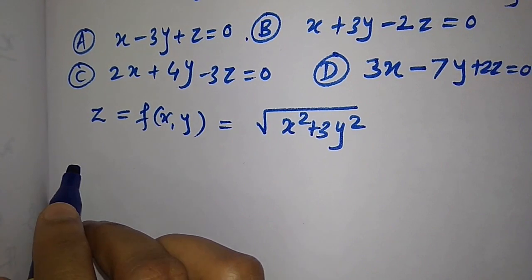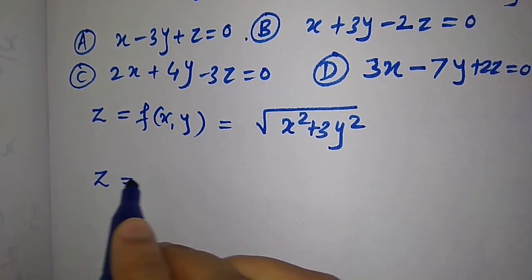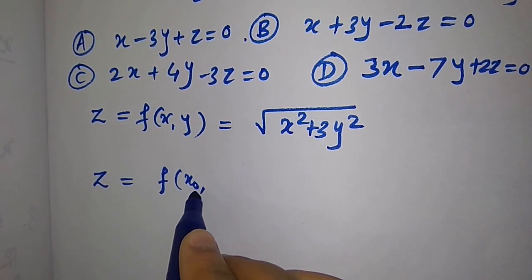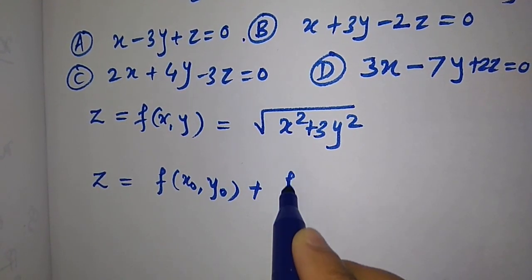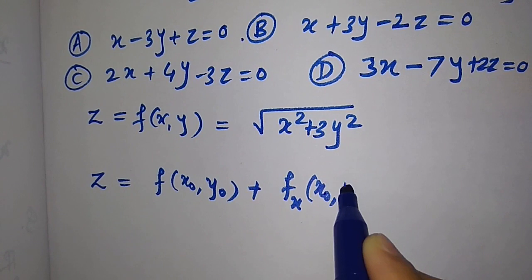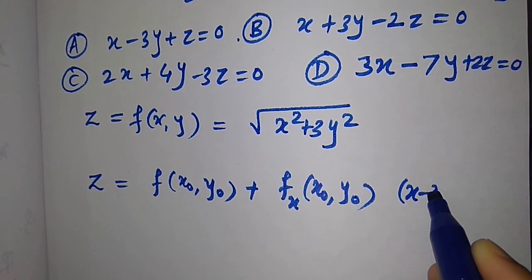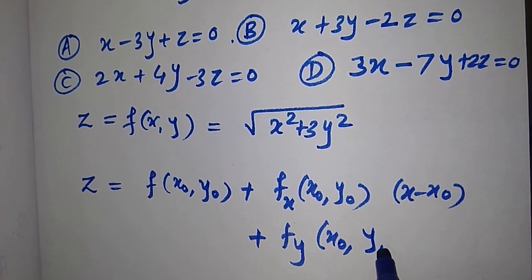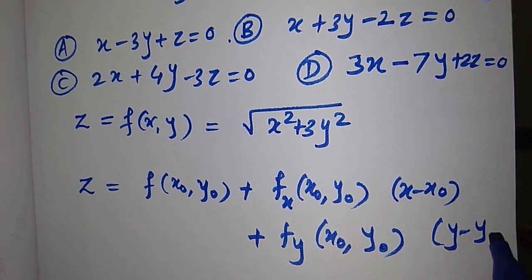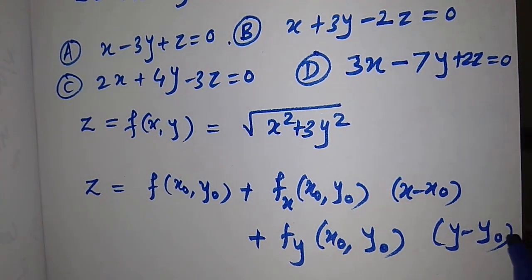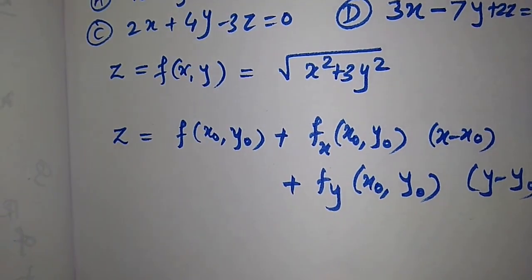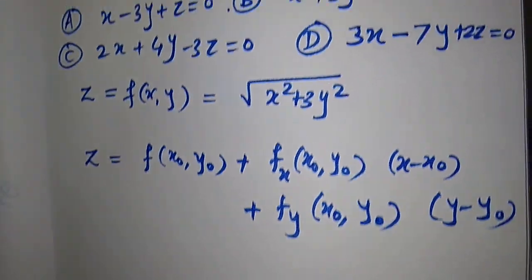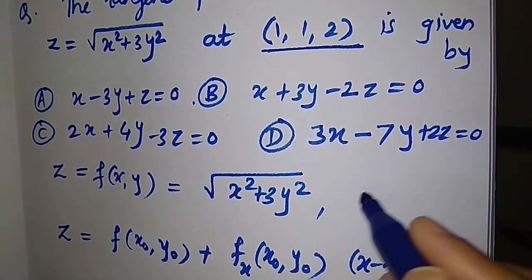So the tangent plane is given by z is equal to f of (x naught, y naught) plus f_x evaluated at (x naught, y naught) into (x minus x naught) plus f_y evaluated at (x naught, y naught) into (y minus y naught). So this is the tangent plane approximation, where this (x naught, y naught) is the point given to us.